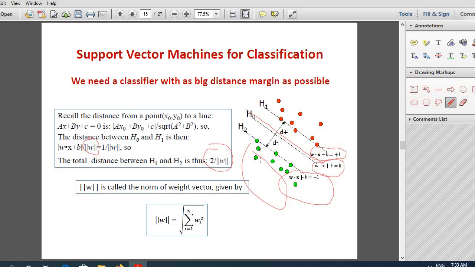That is, no data points should be there between this. That is the meaning of that. So this is the decision surface belonging to the support vector. All the data points should be beyond this. There should be no points between this. That is a constraint. If there is any data point between this, you can't take that hyperplane. That is the constraint.